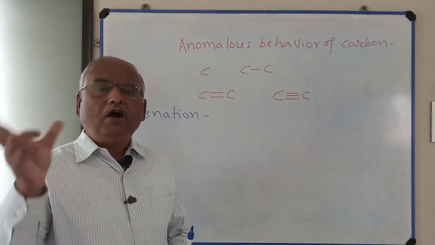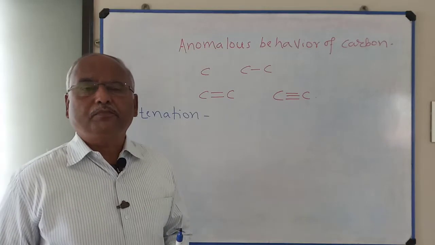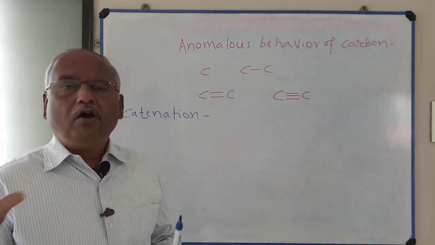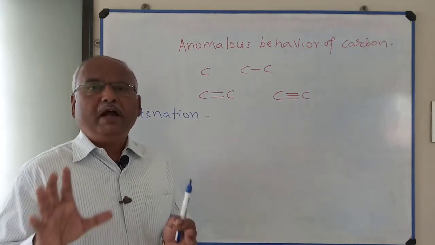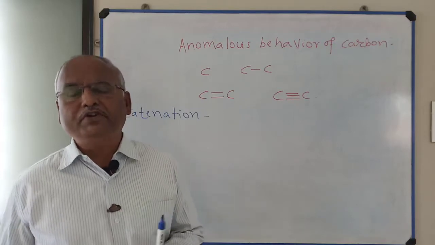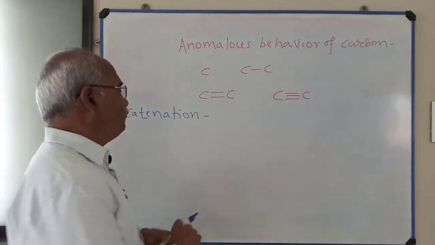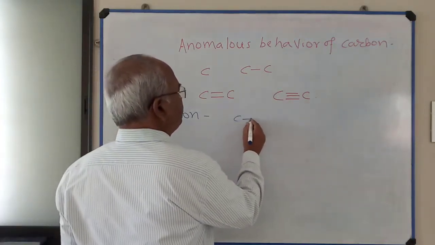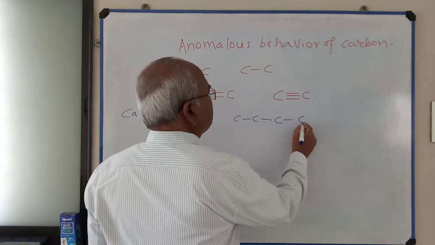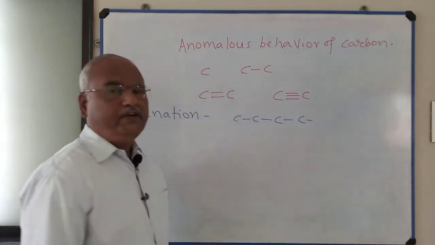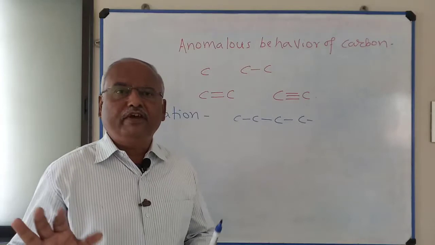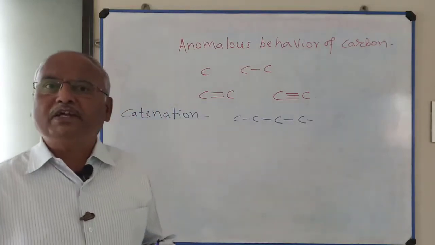Self-linking of atoms of an element to form chains or rings of different sizes by covalent bonds is called catenation property. You know that one carbon links with second, links with third, links with fourth, and it forms straight chain or branched chain or rings of carbon atoms.